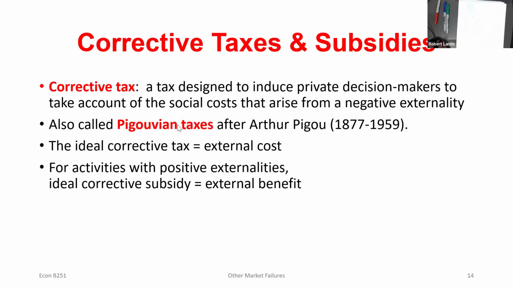And in this ideal world, we would have an exact evaluation of the per unit cost of that negative externality, and we would set a tax exactly equal to that. Subsidy, same kind of idea. If we could put a per unit dollar valuation on our positive externality, we would want a subsidy that's exactly equal to that.